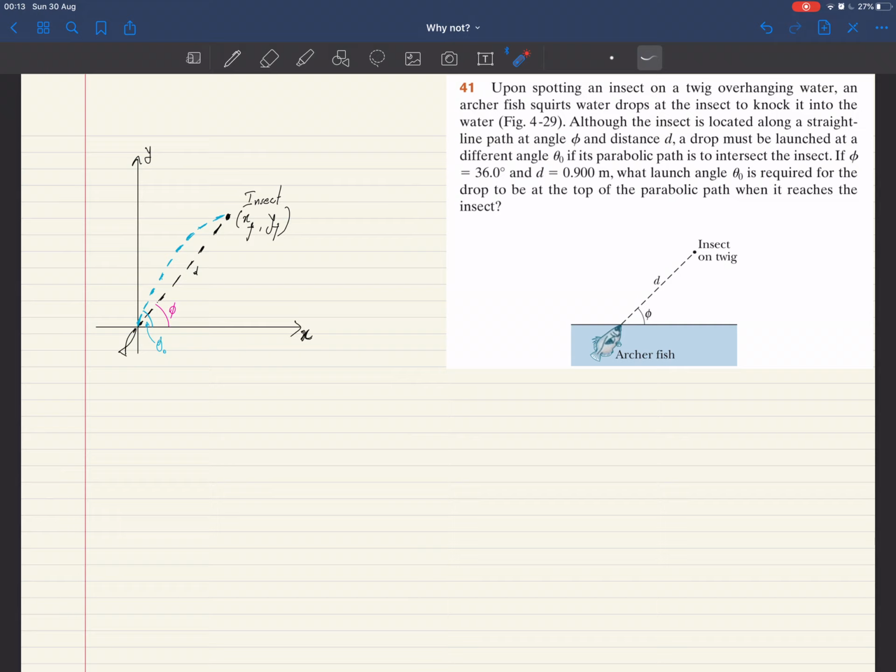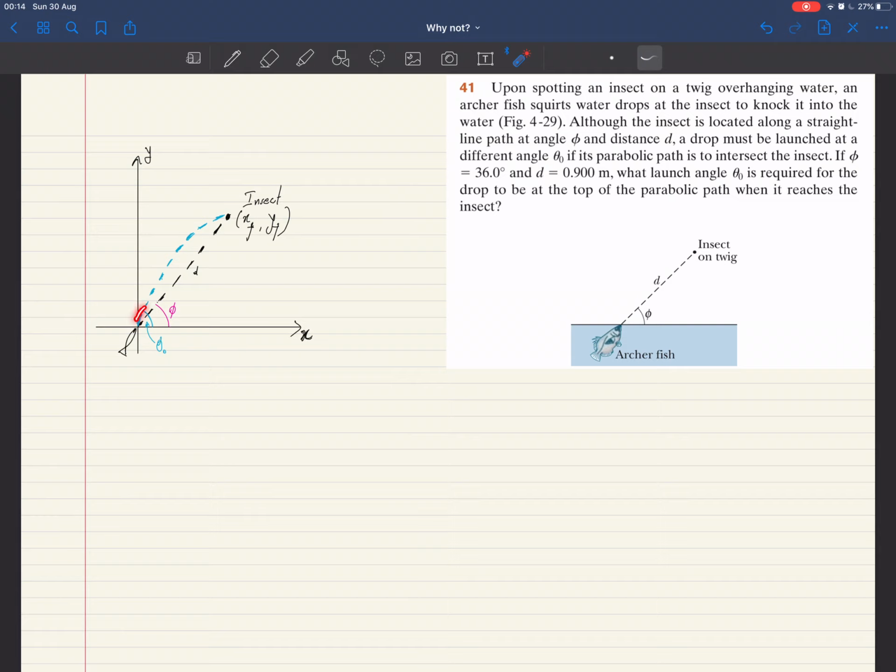Another thing that we have to take into account is that the fish would like to hit the insect when the droplet is at the peak of its parabolic path. So basically, max height. The droplet should not hit the insect on its way up, neither on its way down.